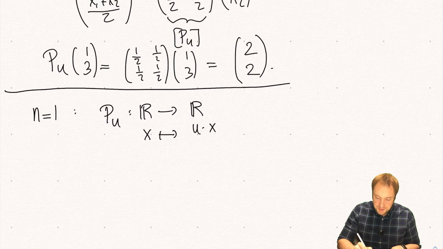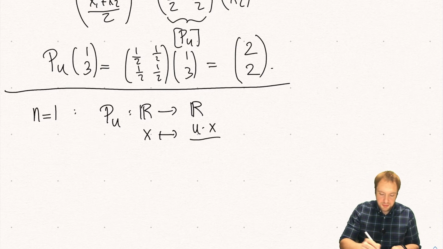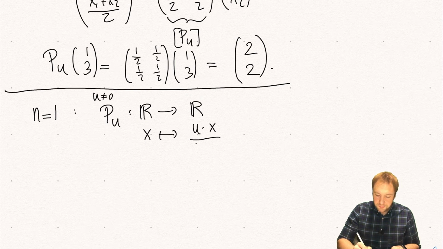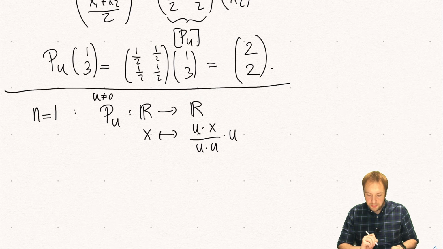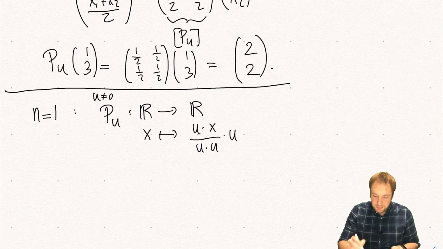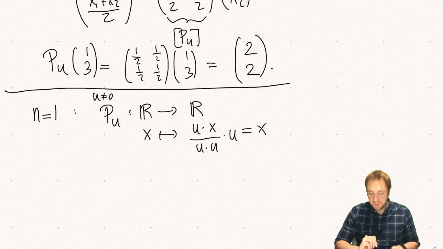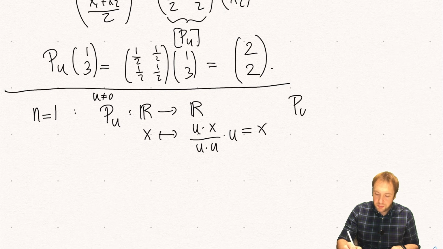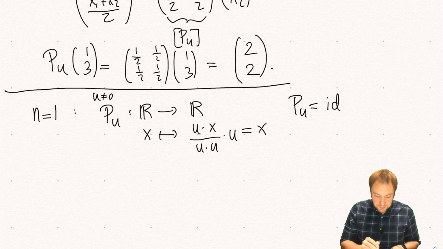And in this case, u is a non-zero number. And here we have u times u, and this we multiply by u. Because now this is just multiplication of numbers, we can cancel out these u's. So this is just x. So in this case, this Pu is just the identity map in the special case n equals 1.